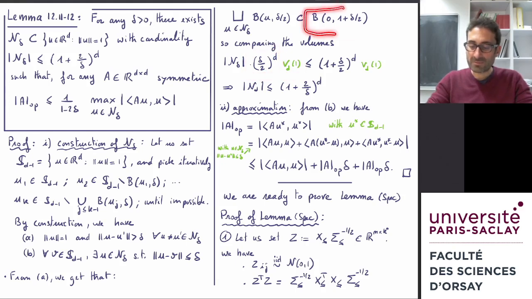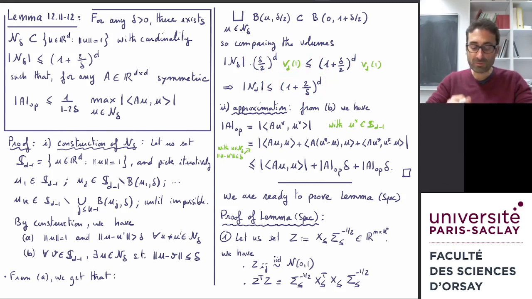And here, what you will have is the same. You have the volume of the ball of radius 1 multiplied by the radius to the d, so you have 1 plus delta over 2, to the d. These two volumes here cancel out, and you obtain an upper bound on the cardinality of N delta, which is this term divided by this term, which is exactly equal to this term.